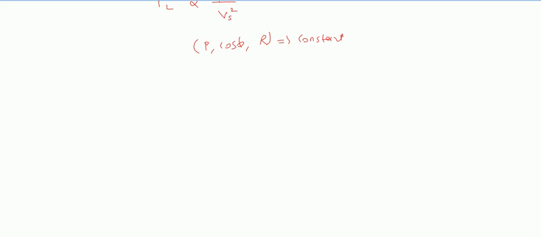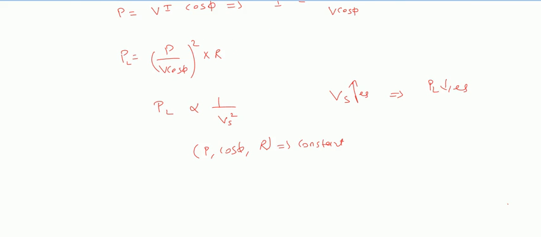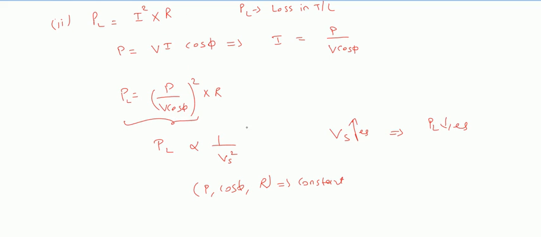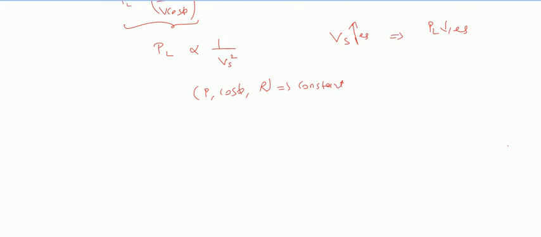Also, there is one more thing in the designing aspect of the transmission line. If we consider all the things constant, the value of R will be PL into V square cos square phi divided by P square, right?